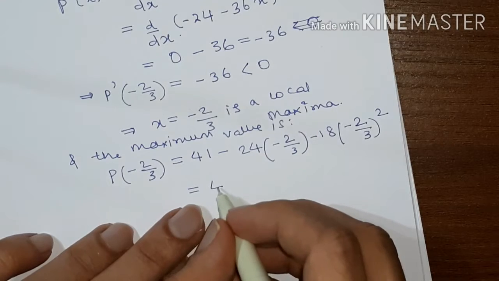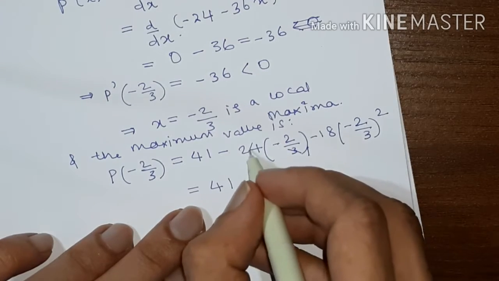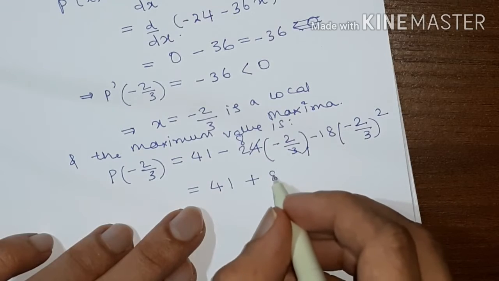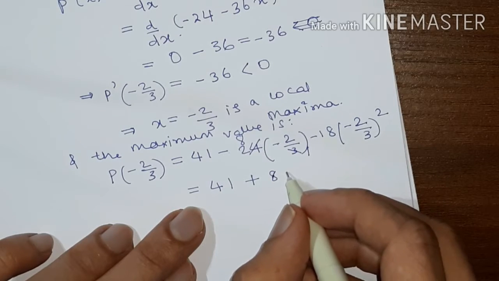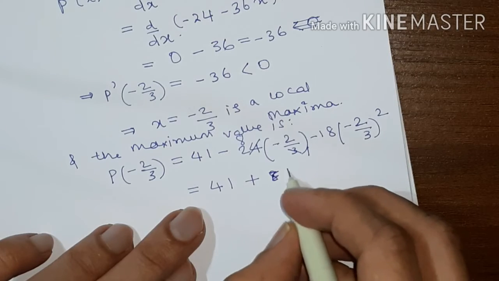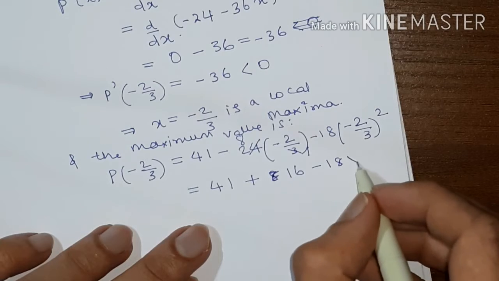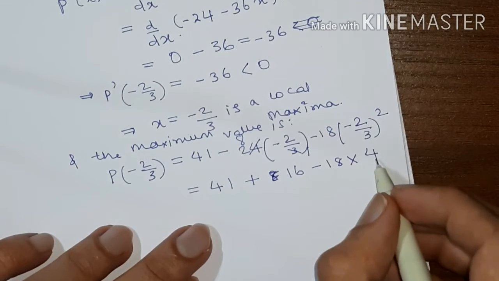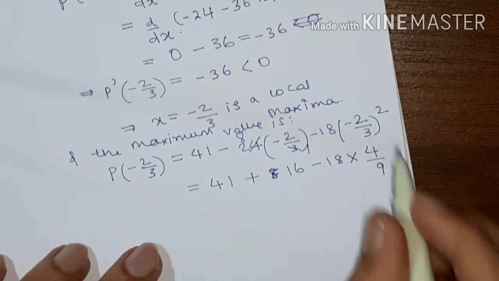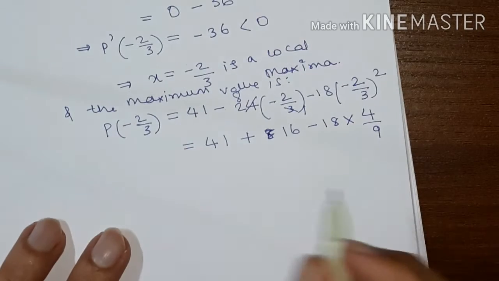So that is 41 minus minus plus: 3 ones are 3, 3 eights are 24, so 8 multiplied by 2 gives 16. Then minus 18 multiplied by 4 divided by 9, since minus 2 square is 4 and 3 square is 9.